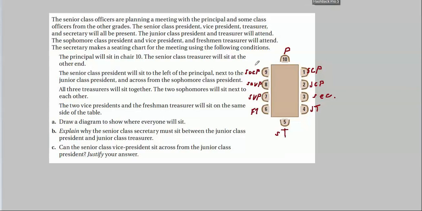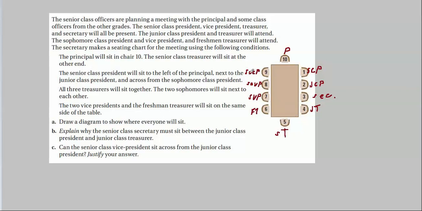Also, all the vice presidents and the freshman treasurer have to be on the same side of the table. We already know where one of the vice presidents has to be. That means the other one's got to be either here or here. If we put the vice president here, we could put treasurer here, here, and here, if that works out according to the rest of it.